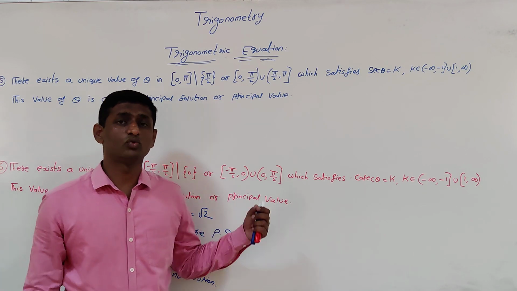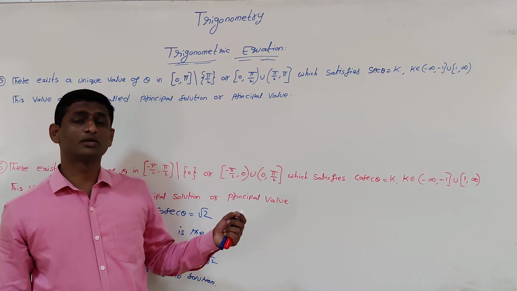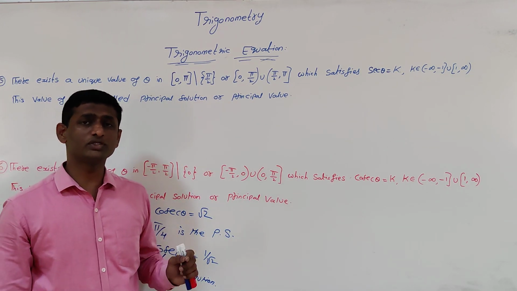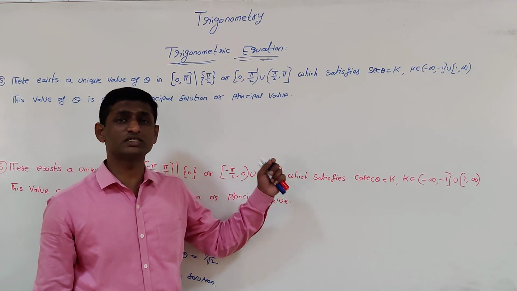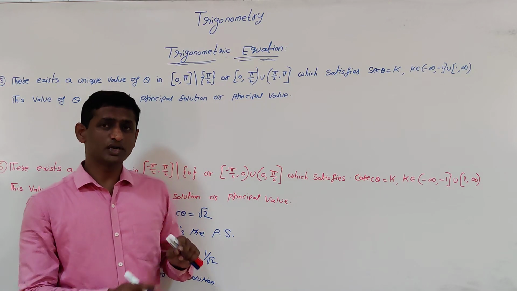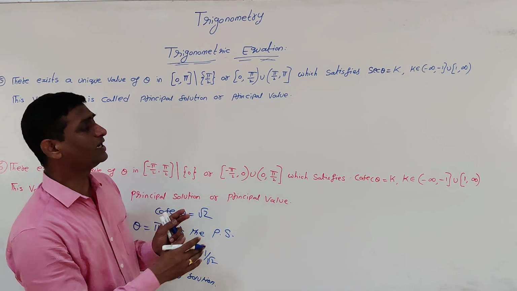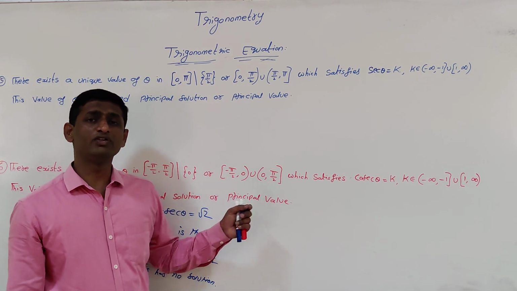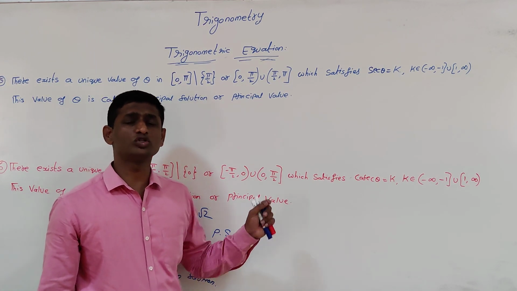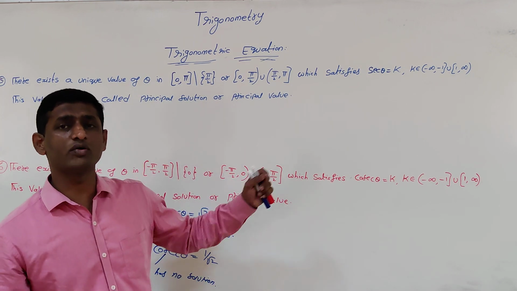So we have seen the principal solutions for the 6 trigonometric equations. Let us put them in a tabular column, so that it will be easy to identify the principal solution for different trigonometric functions.